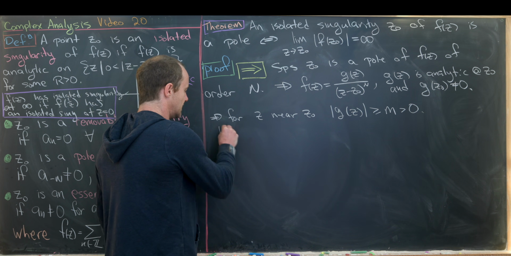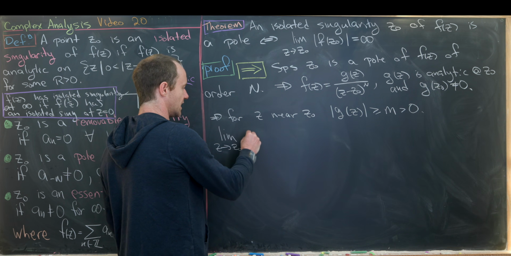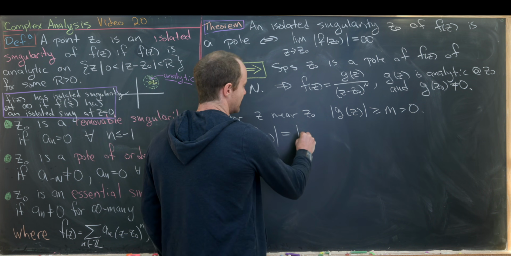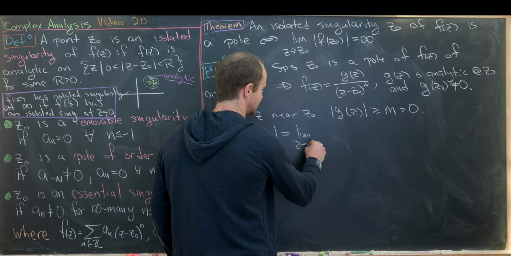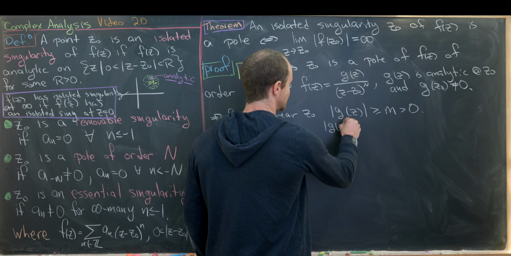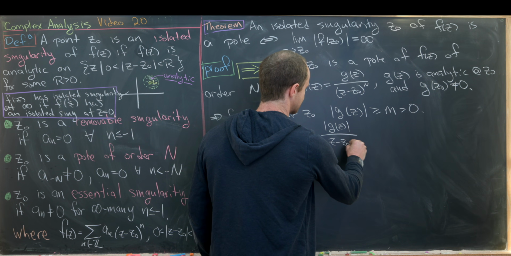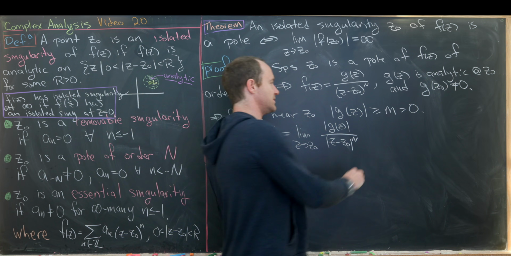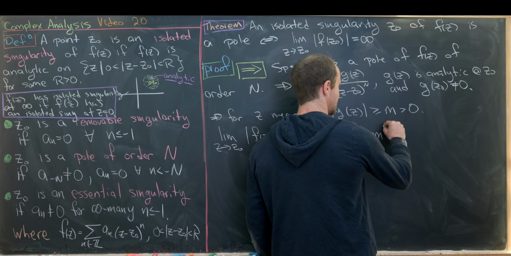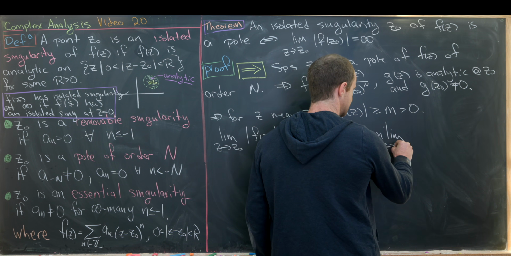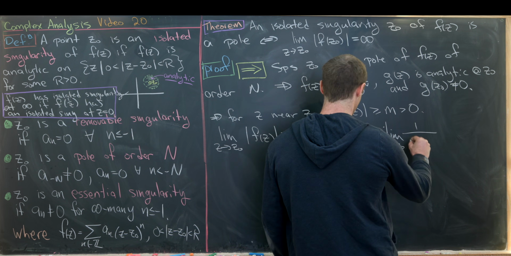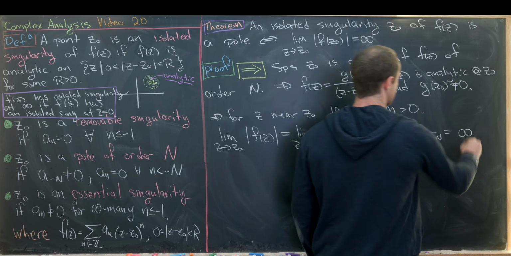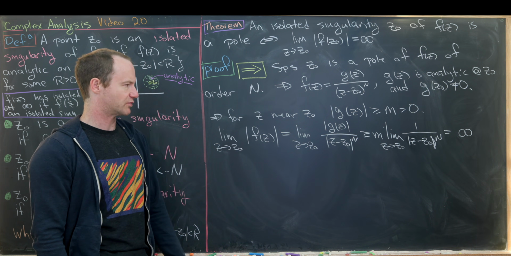So let's notice that the limit as z approaches z naught of the modulus of f of z can now be written as the limit as z approaches z naught of the modulus of g of z over the modulus of z minus z naught to the capital N. But that's going to be bigger than or equal to lowercase m times the limit as z goes to z naught of 1 over the modulus of z minus z naught to the N. But that's clearly equal to infinity by some limits that we did previously.